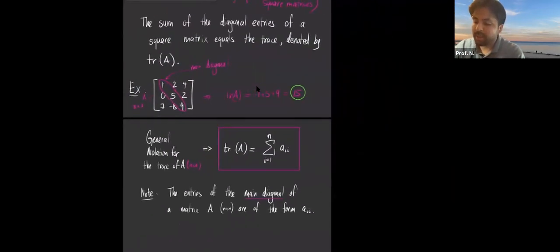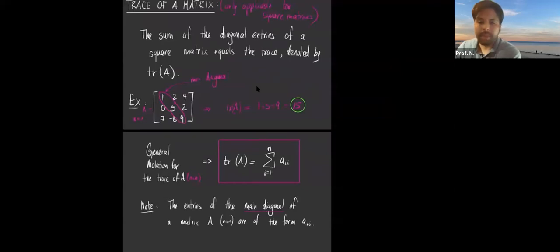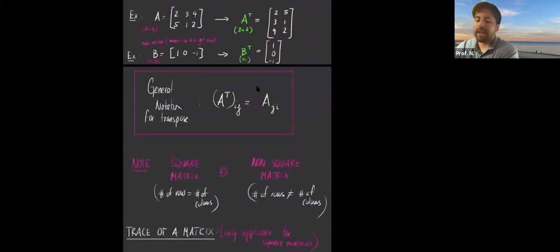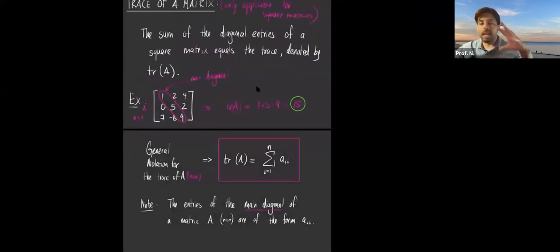We have the trace now. The trace only applies to square matrices, and you add up the diagonal entries, and that will give you the trace. Again, it's a very simple computation, but eventually you start to see why we even care about considering the trace. And the transpose just means you take any matrix, it could be square or non-square.